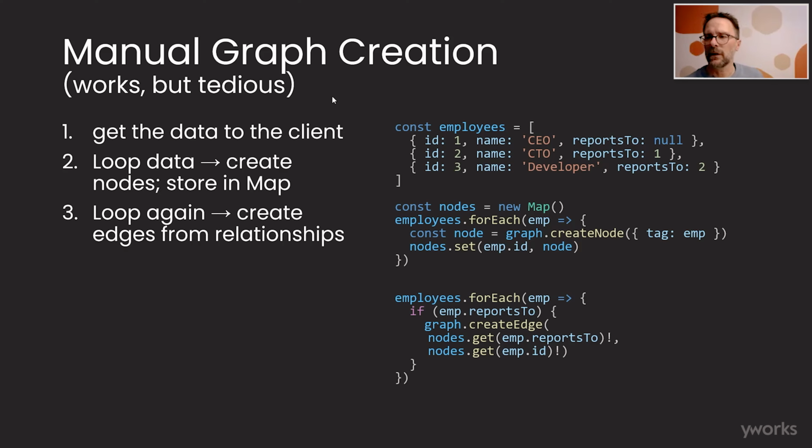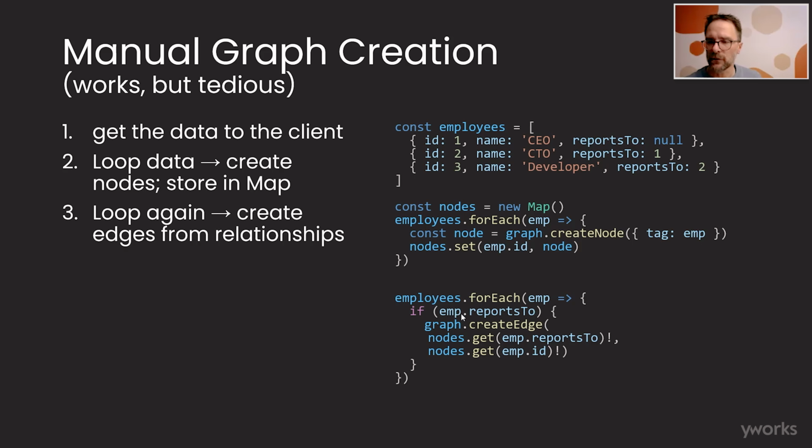For example, in this case, the connections are created implicitly. Like in this case, the CTO reports to one, which is the ID number one, the CEO. And so what we will do is we will again iterate over the data, basically find any method that will enumerate all the edges, the relationships that you have in your graph.